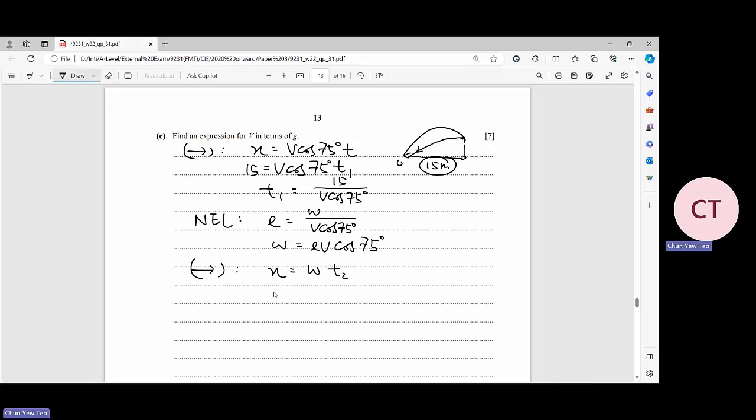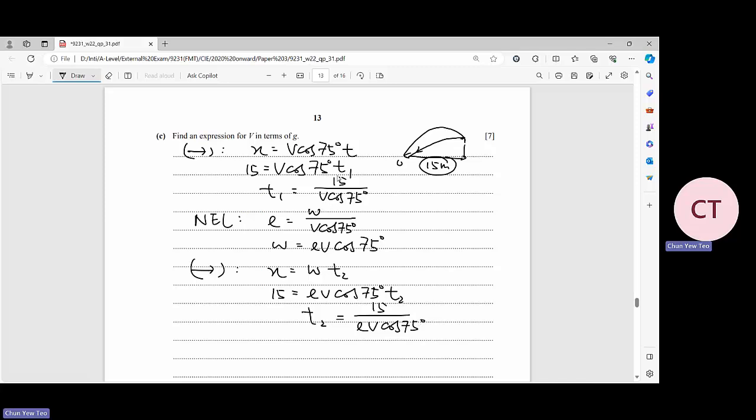So your X is still 15, your W is EV cos 75 degree, t2. Then your t2 will be 15 over EV cos 75 degree.